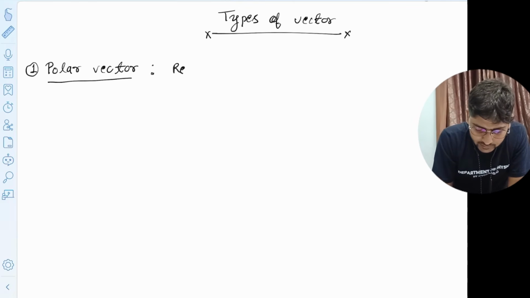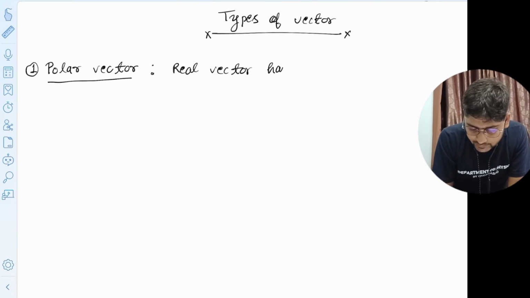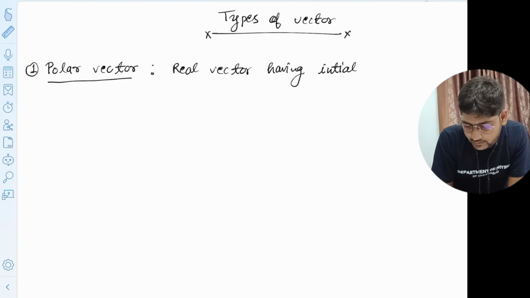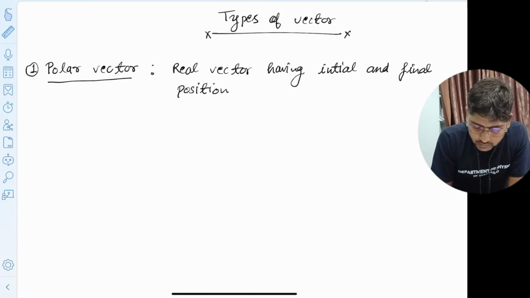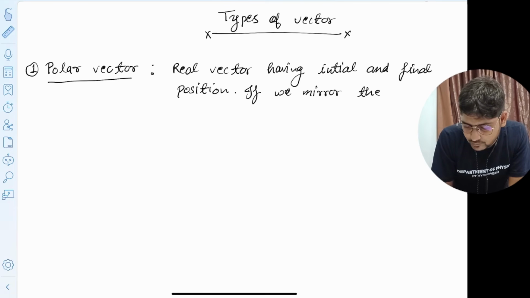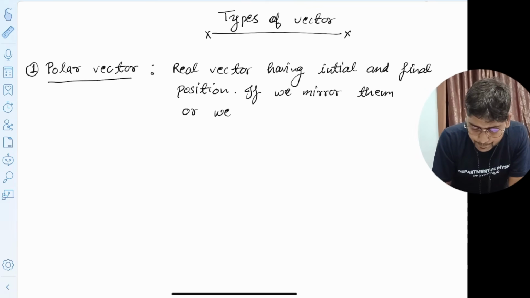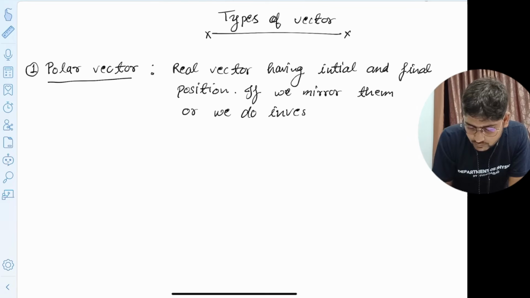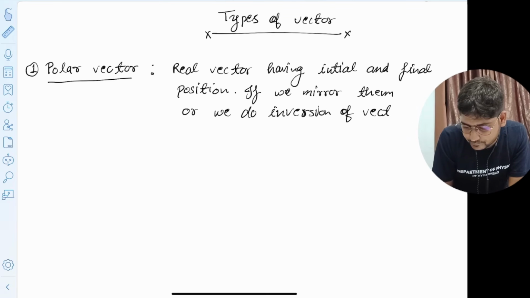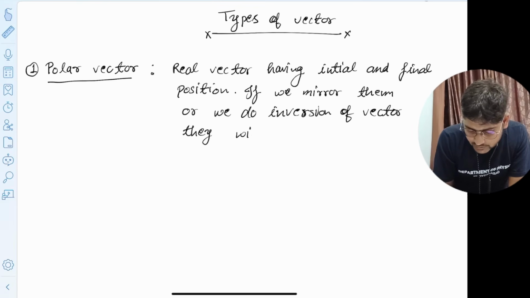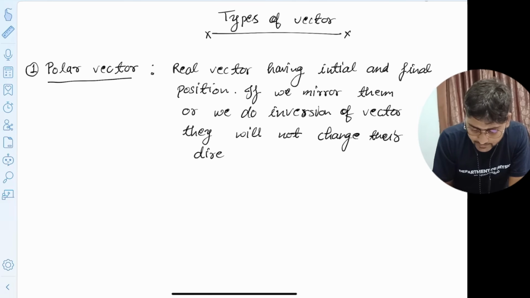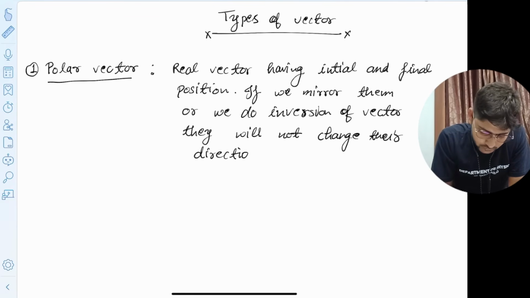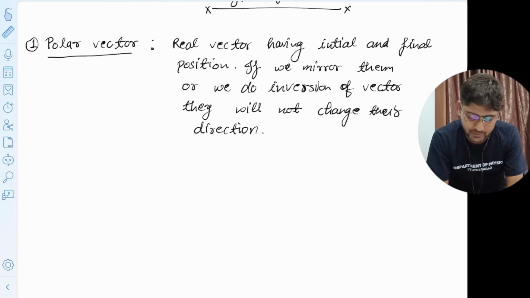So polar vectors are real vectors having initial and final position. We'll see by example how this happens.